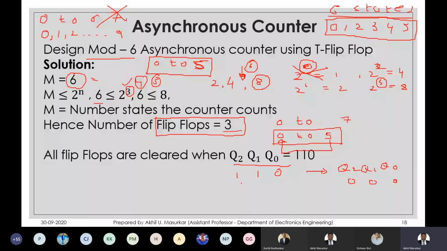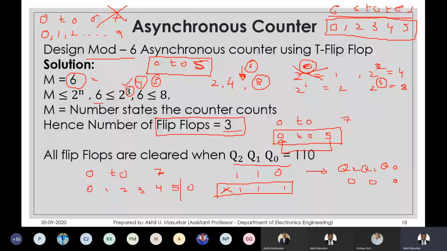So 6 we don't want, 7 also we don't want. While counting from 0 to 7, we will come at 0, 1, 2, 3, 4, 5. So at 5, 6 states would be complete, so the next state of 5 should be 0.